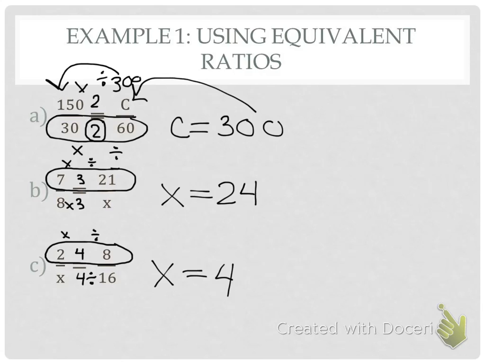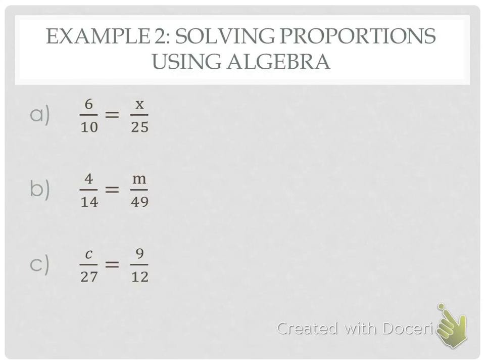Most of the time, using equivalent ratios, as long as it's going to be a whole number, is the easiest way to go. But what if you had a set of numbers like these in example 2? 10 times what is going to equal 25? Well, that's not a whole number. 10 times 2 is 20. 10 times 3 is 30.